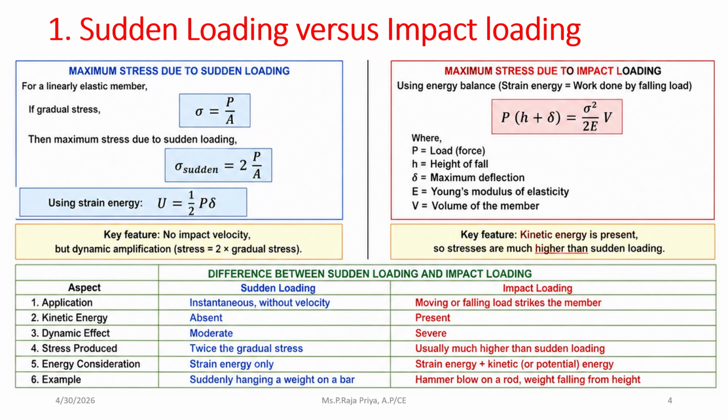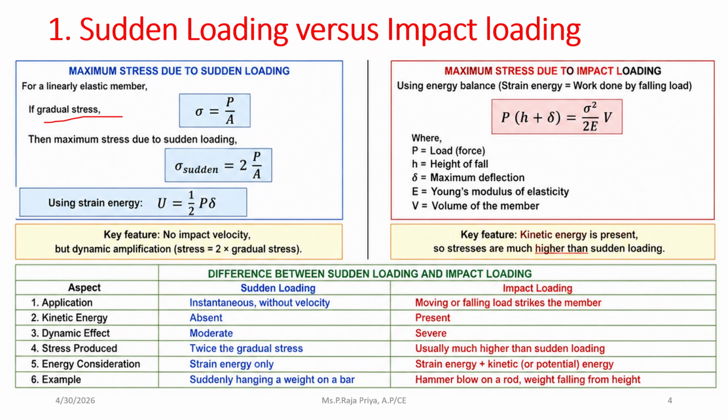And here is the stress which is developed due to suddenly applied loading. We have already seen in case of gradually applied loading, stress will be load by area. But in case of suddenly applied loading, the stress will be 2 times of P by A. That is, the stress in suddenly applied loading will be 2 times that of the stress in case of gradually applied loading.